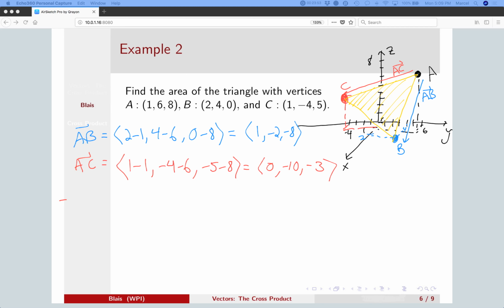So the area that we seek will be 1/2 times the magnitude of the cross product AB cross AC.